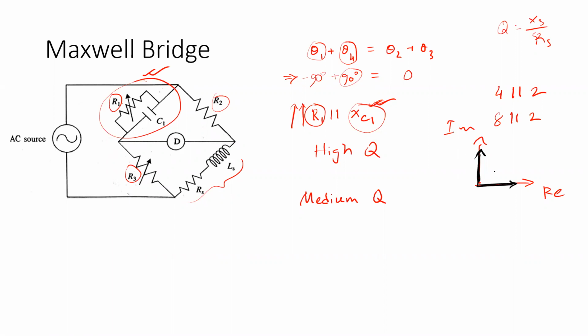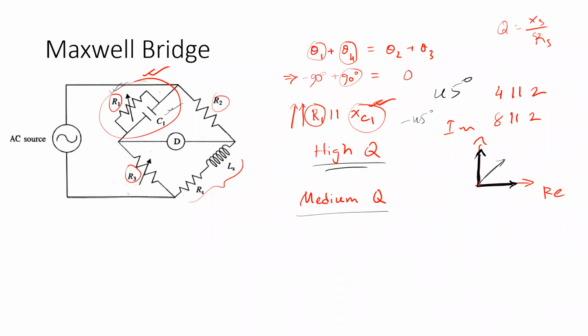However, when there is a combination of both of them, it will be in some intermediate stage where the angle is in between 0 to 90 degrees. So suppose for 45 degrees, using a combination of R1 and C1, this angle of minus 45 degrees might be obtained for medium values of Q. But for high Q value, it becomes problematic due to unavailability of very high range potentiometers.